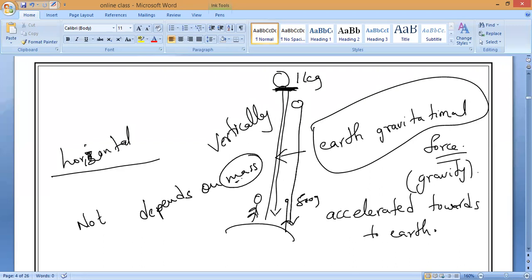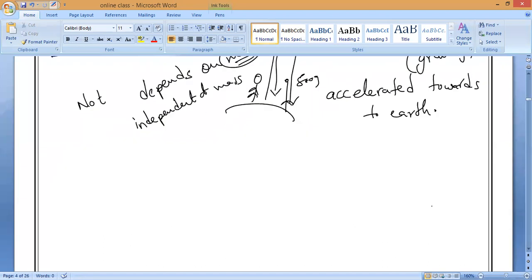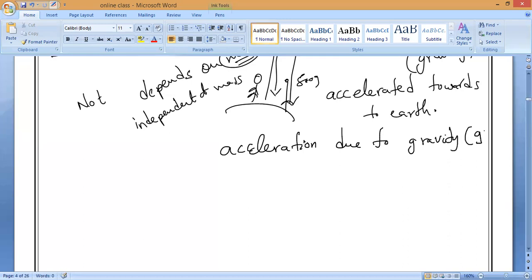So mass is not a matter at all. It is independent of mass. That is what we call acceleration due to gravity, which is represented with small g.